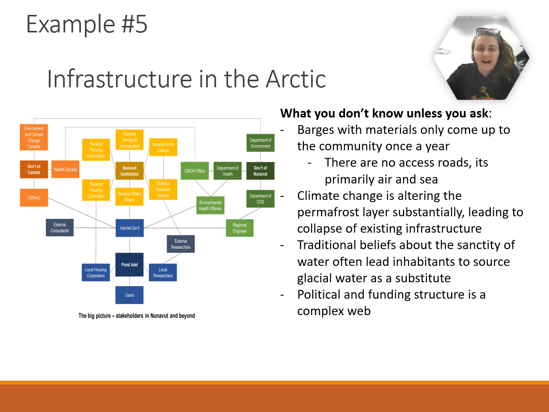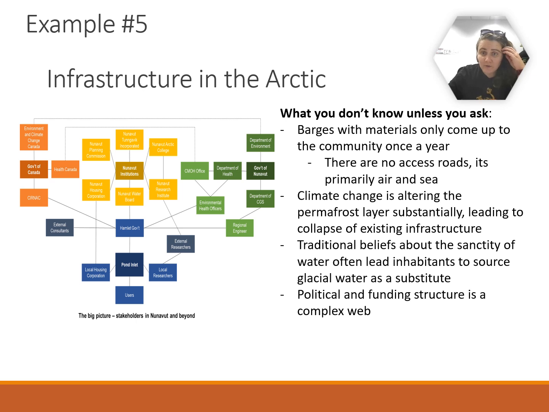challenges, right? The other thing is climate change is altering the permafrost layer substantially. So existing infrastructure is collapsing. That's been buried in the past in these types of communities because as that permafrost freezes and thaws, it causes cracks and shifts in underground infrastructure. This is also an area where we have a lot of native communities.